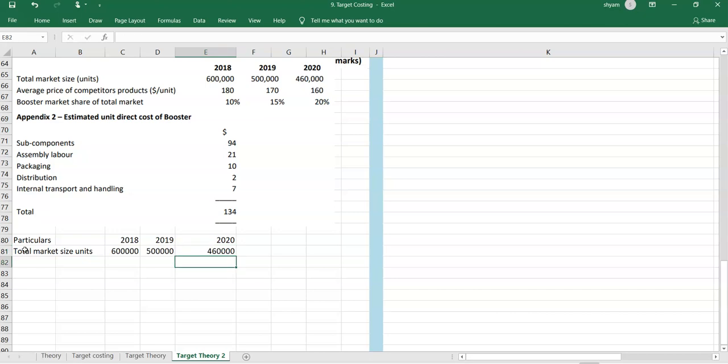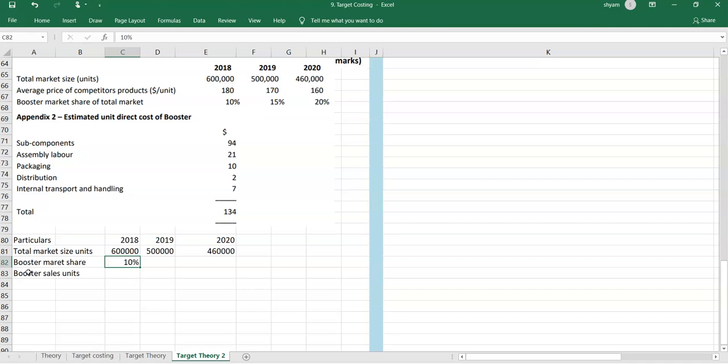And how many products could we sell? Okay, so booster market share. Then we can find out booster sales units, we can easily find. So first let's get the share.